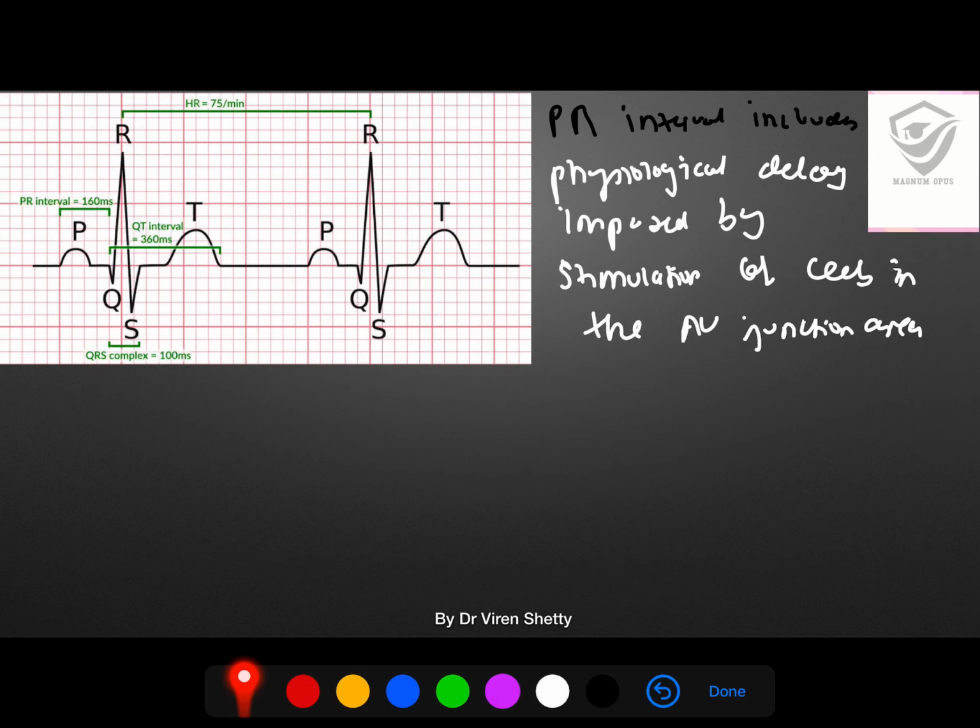This statement I have taken directly from Harrison, that PR interval includes physiological delay imposed by stimulation of cells in the AV junction area.